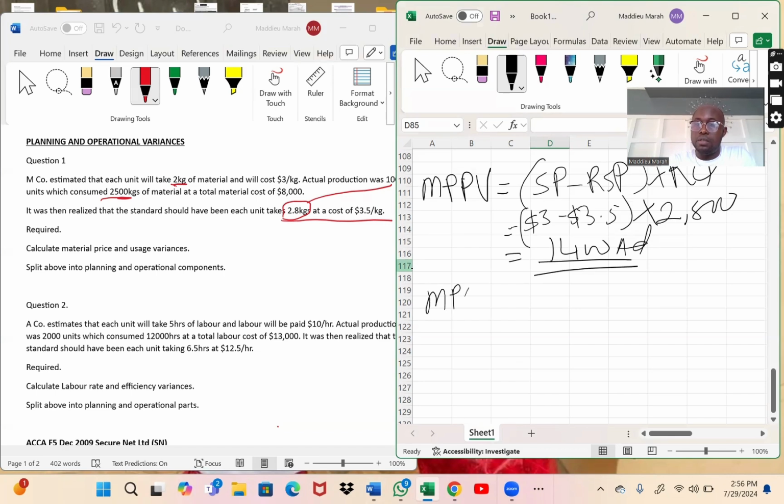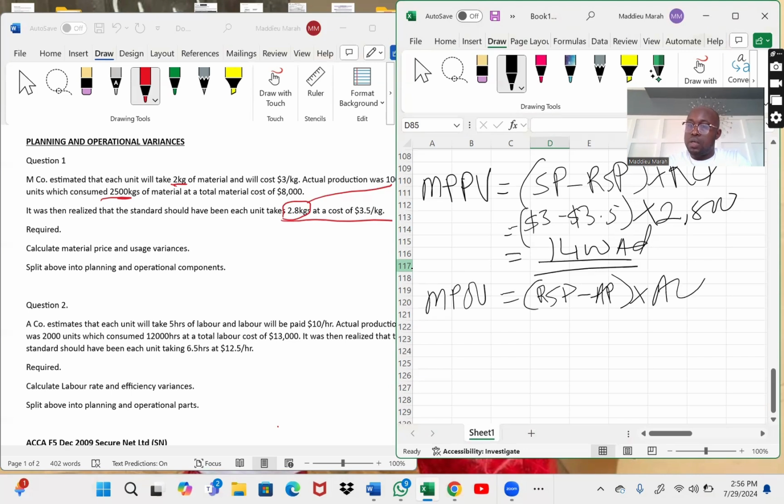Material price operational variance here means we are comparing our revised standard price minus actual price, multiplied by actual quantity.